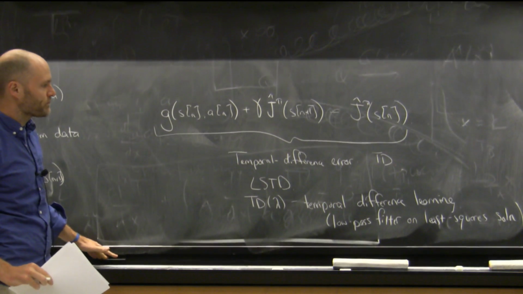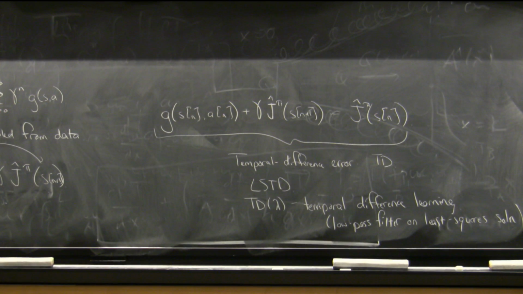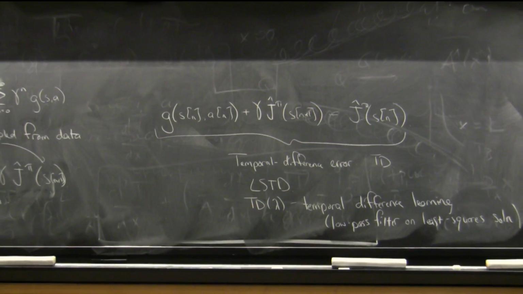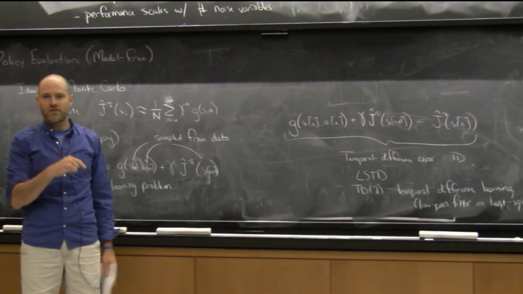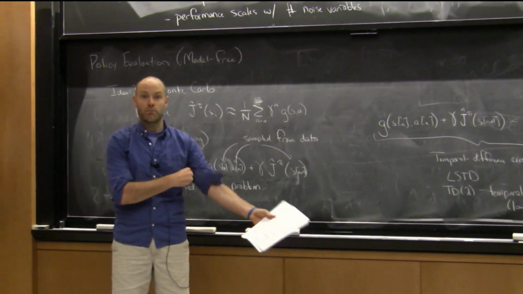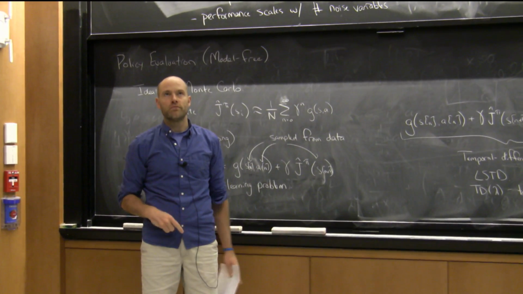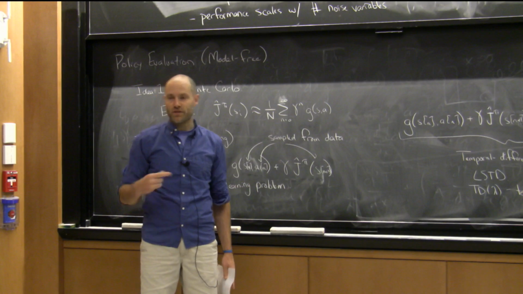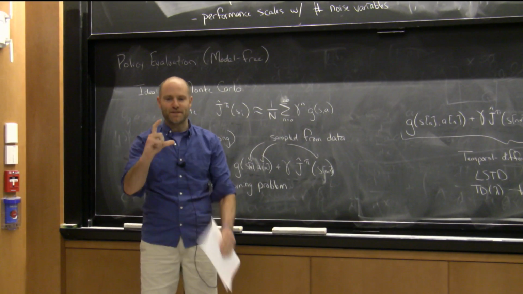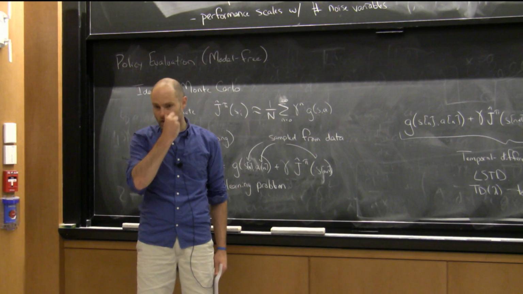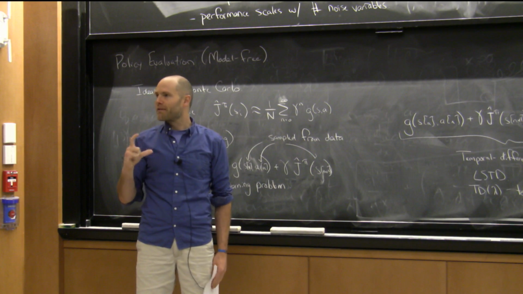Okay. There's actually a great book by Dimitri Bertsekas and John Tsitsiklis called Neuro-Dynamic Programming. It was written 20 years ago now, right? And the book is great, but the preface is fantastic. The preface basically says, we've been studying dynamic programming for years.